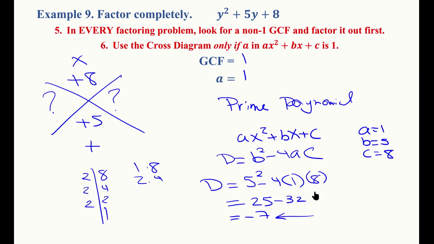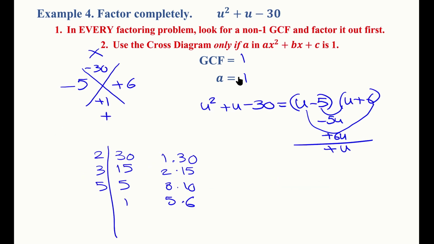So just to show you that it does work for factorable cases, let's take a quick look at one of the factoring problems that we did, which was factorable, real quickly. Let's go back 1 second. You remember this one we did a while back. If we do a b squared minus 4ac test for this one, look, a is 1, b is 1, c is -30.